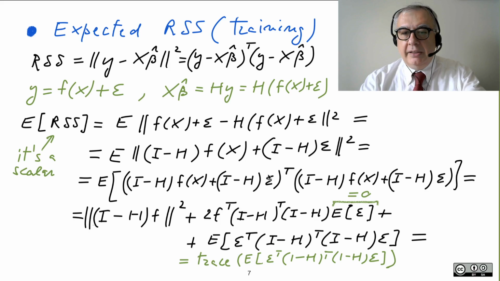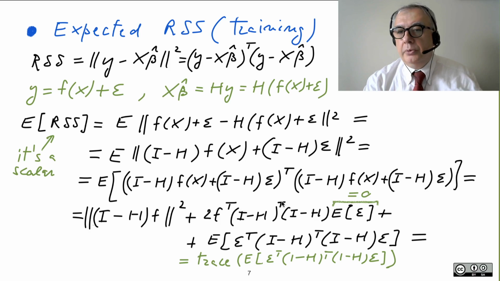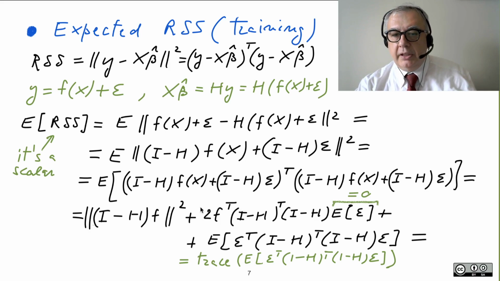But these two crossed products, as a matter of fact, are identical and are also scalar, so I can compute just one of the two and put a 2 in front of it.